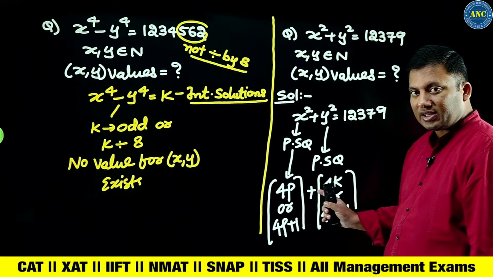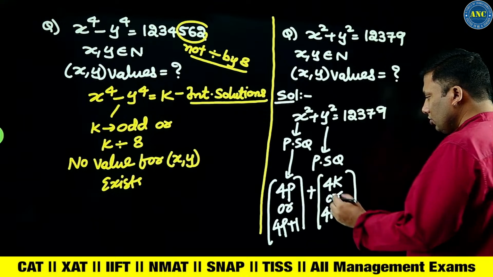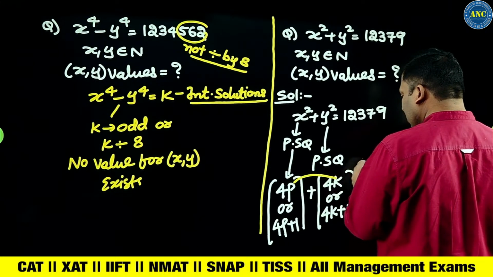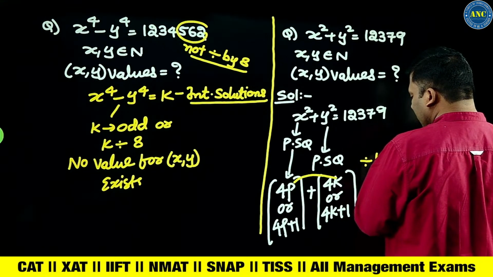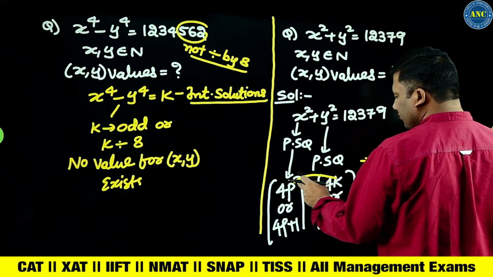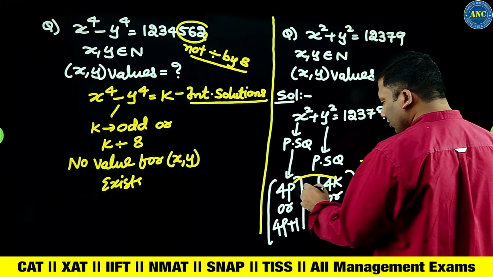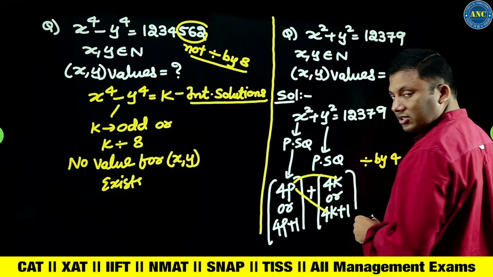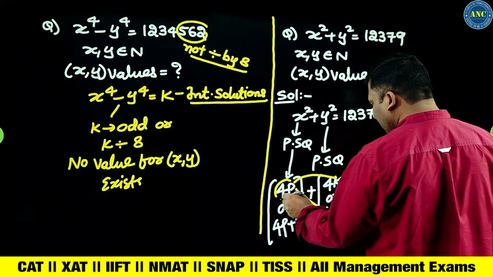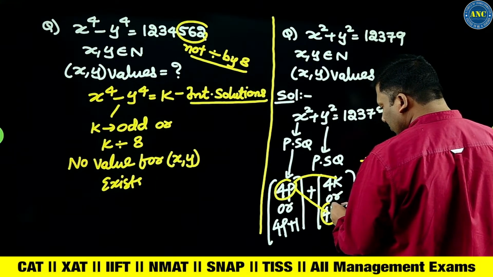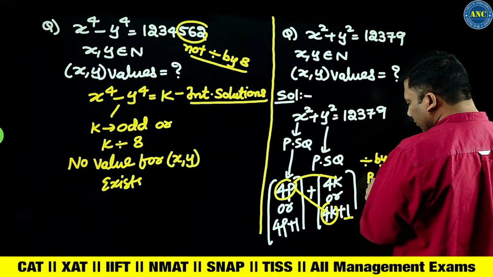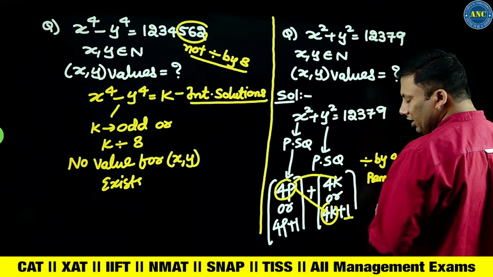Same thing we did in method 2. This plus this, the right hand side, is 4p plus 4k, divisible by 4. If one is divisible by 4 and the other gives remainder 1, the sum gives remainder 1.